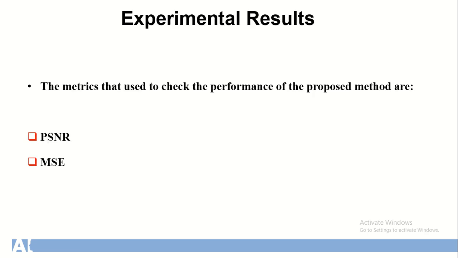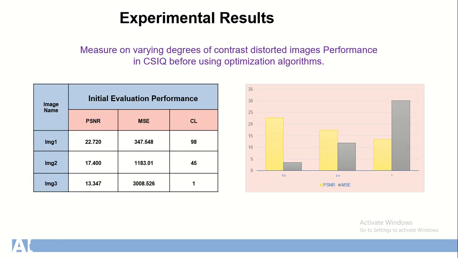For experimental results, the metrics used to check the performance of the proposed method are PSNR and mean square error. This is the performance measured on varying degrees of contrast distorted images in CSIQ before using optimization algorithms.